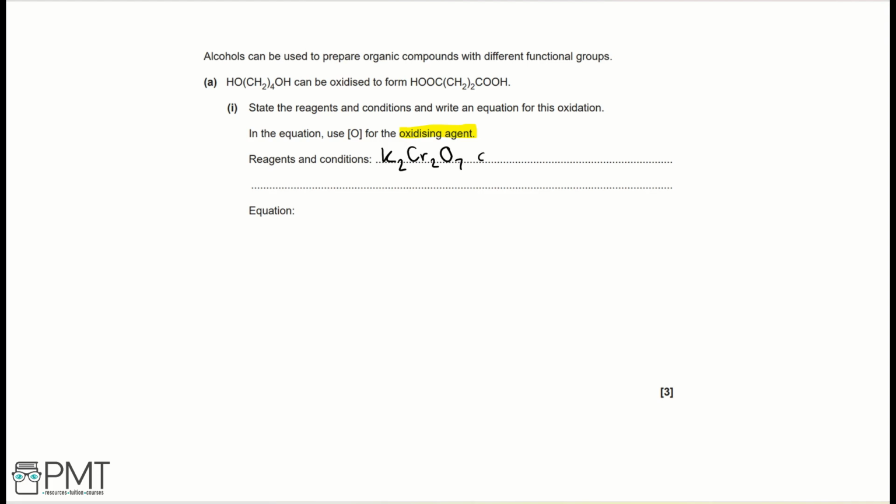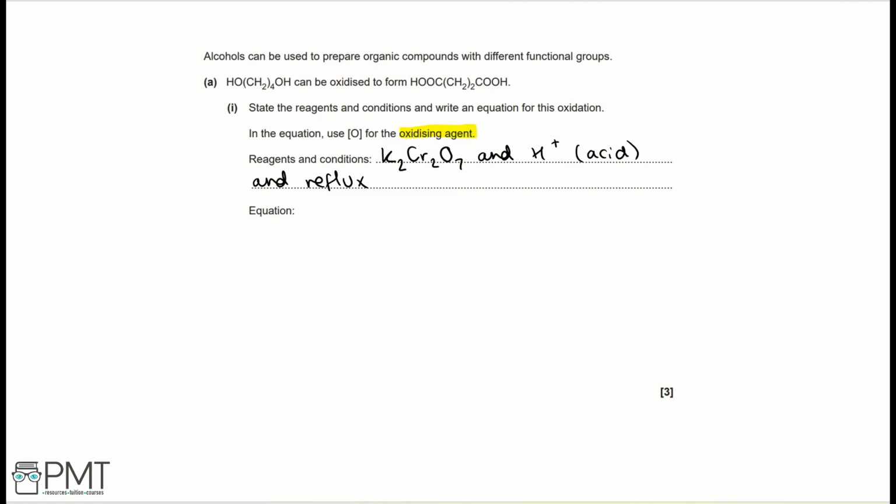But you also need it acidified, so you can write this as H+, or acid, and we need reflux. This is so that it forms a carboxylic acid and not an aldehyde. If you wanted to form an aldehyde, you could distill with an oxidizing agent in acidic conditions.